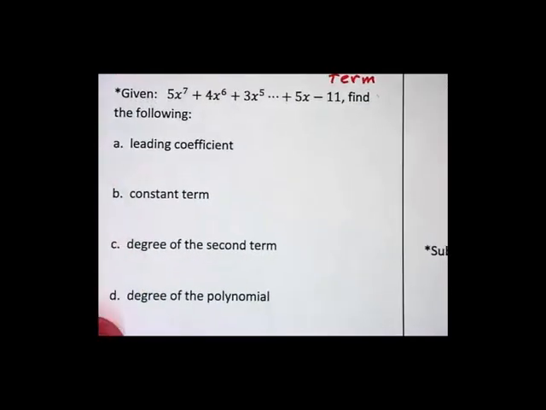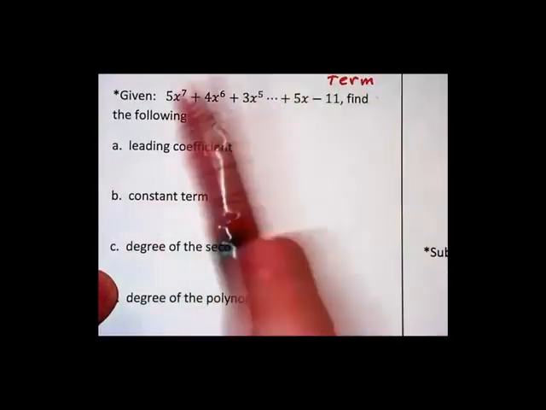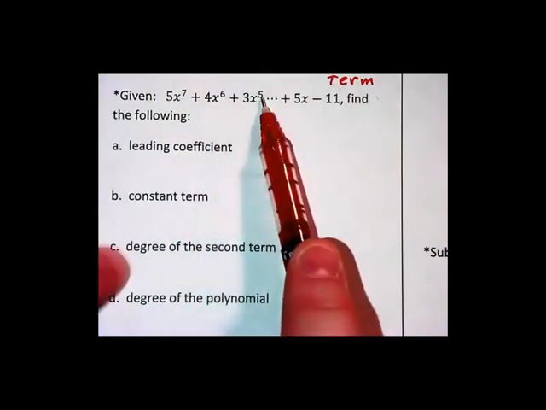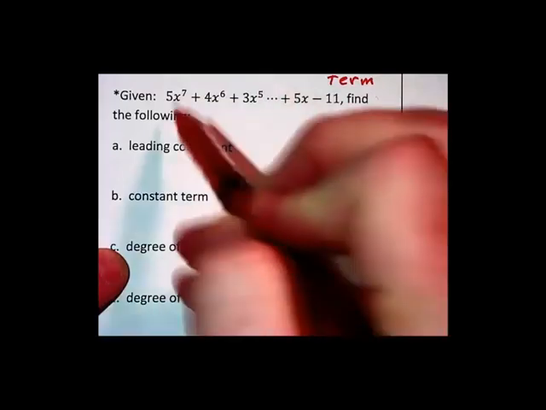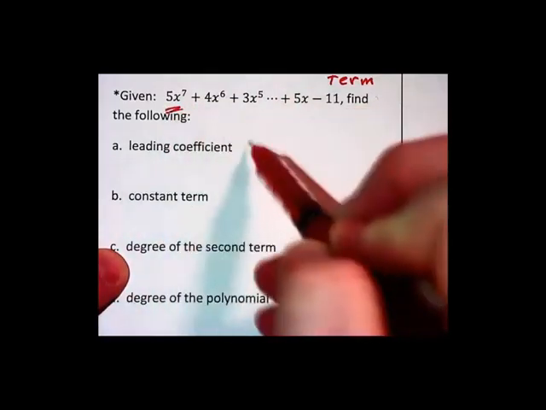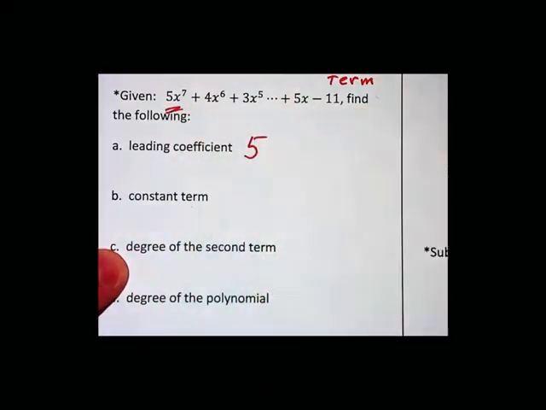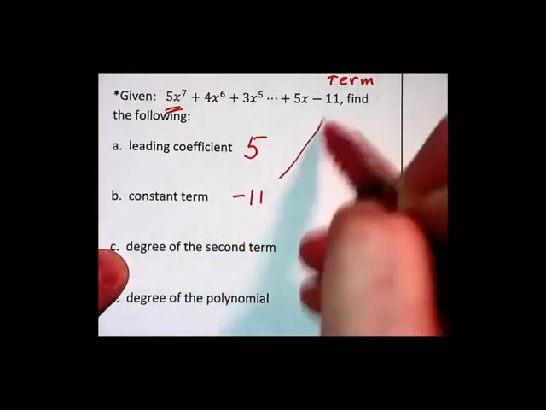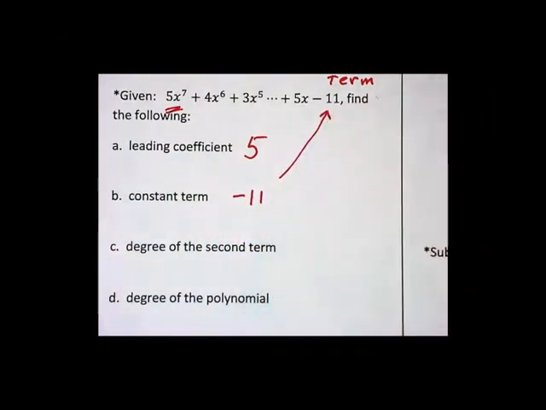So let's use this vocabulary in a few problems. We've got this polynomial. Notice it starts with an x to the seventh, drops to x to the sixth, drops to x to the fifth, etc. The leading coefficient is just this 5 out in front. The constant term is the negative 11 that's down there at the end. What is the degree of the second term?